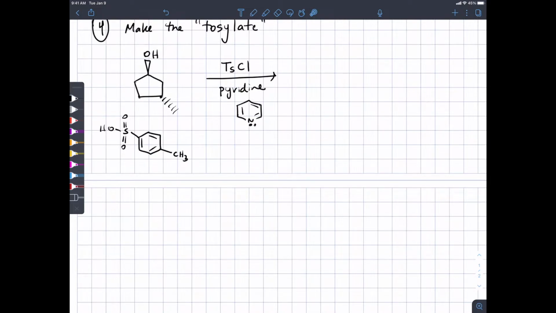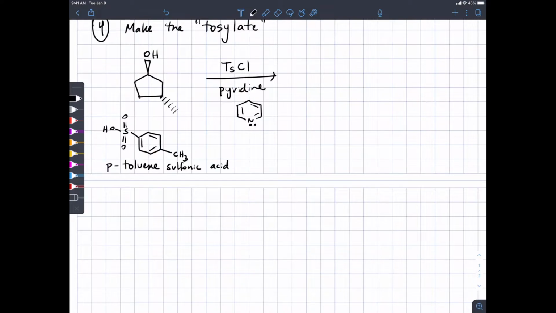Para refers to the fact that the sulfonic acid part and the methyl group are opposite each other on the benzene ring. Toluene is a benzene ring with a methyl group on it, and sulfonic acid is this sulfur group doubly bonded to two oxygens, and then with an OH group.